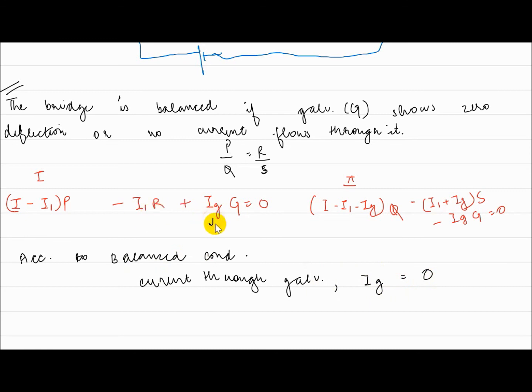So we put 0 here. So we get I minus I1 into P is equal to I1R. And we also put 0 here, here and here. So we get I minus I1 into Q is equal to I1 into S.